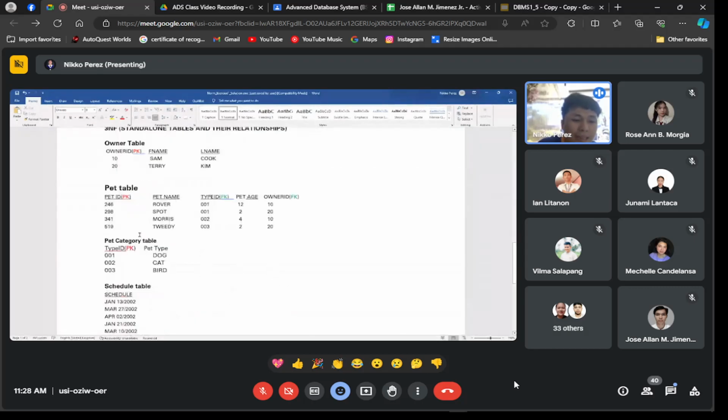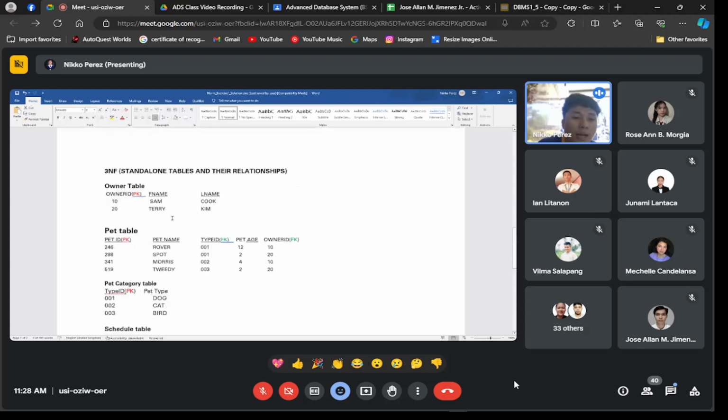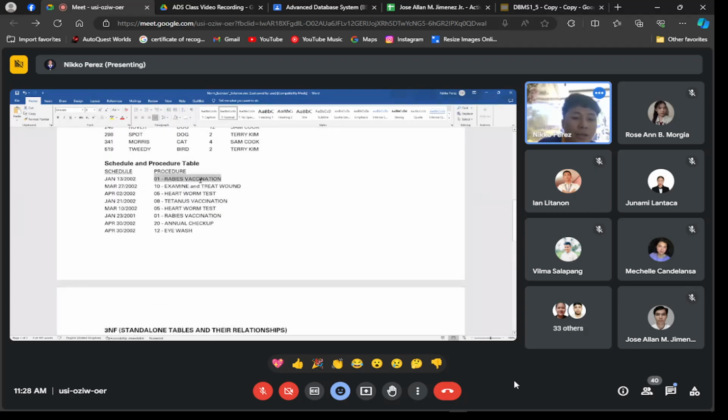Unlike what we did in the third normal form here, we noticed that we can now perform one representation for each because the schedule was separated into its own table. If we had merged it earlier, the schedule would be lost. If we represent rabies vaccination as one, we will not know which date the procedure happened, January 13 or January 23.